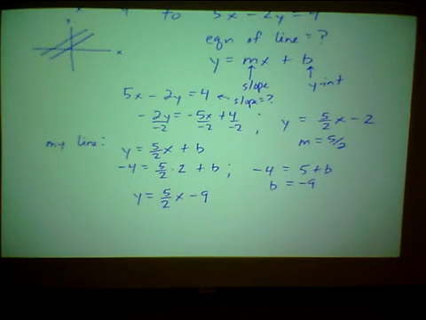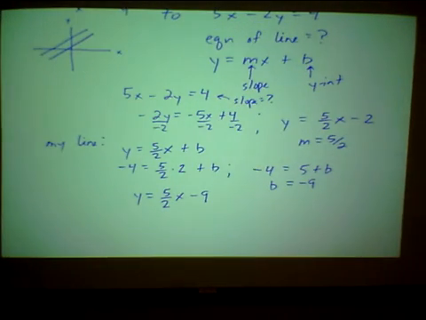Now let me go ahead, because sometimes in the homework they ask for the equation of the line in the general form. The general form, if you recall, means you get x and y on the same side and you make sure there's no fractions. So let's first go ahead and clear the fractions.